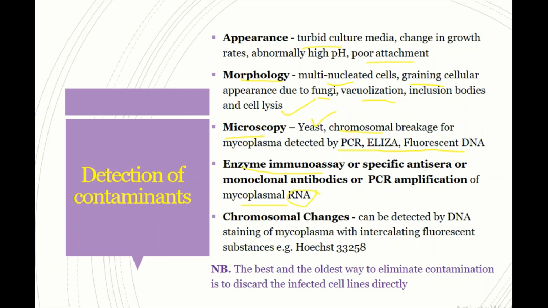We want to amplify and see if it is mycoplasma that has contaminated. Then chromosomal changes, we can detect this by staining the DNA with intercalating fluorescent substances such as Hoechst 33258. So what this will do, it will indicate to us if there is any abnormality of our DNA.